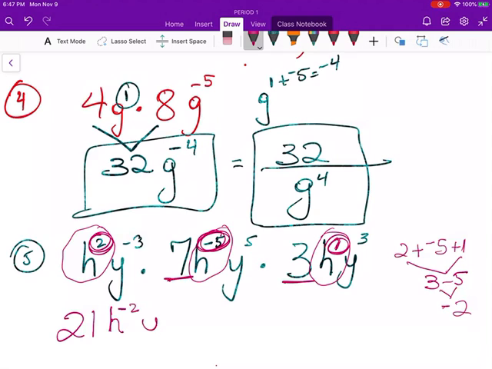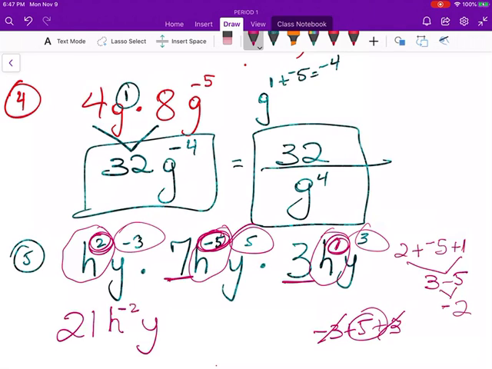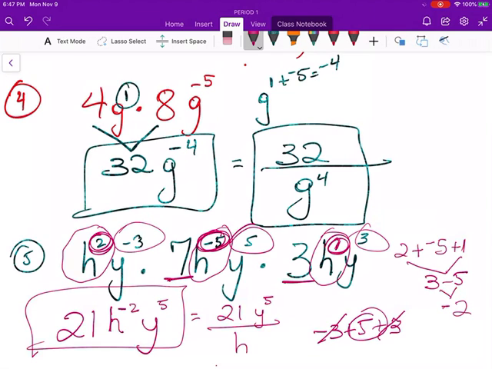Now we're going to do the y's. We have negative 3 plus 5 plus 3. Negative 3 plus 3 is gone. We're left with a 5. Here's your answer. And if you want to write it without the negative power, then 21 stays, y to the power of 5 stays, and h to the power of 2 will go on the bottom as positive.